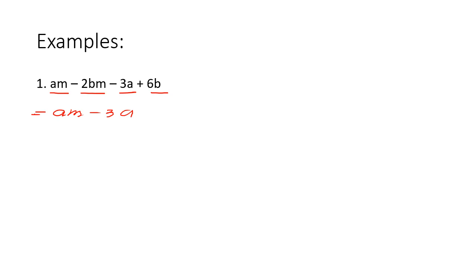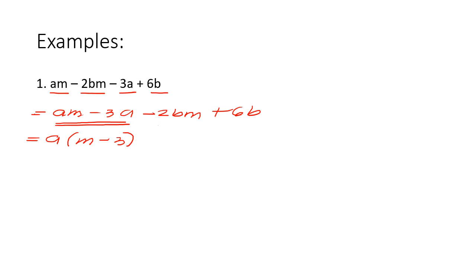Then I'll just simply rearrange it to bm, then plus 6b. So here, for this term, I could factor out a. So for that one, I'll factor out a quantity m minus 3.